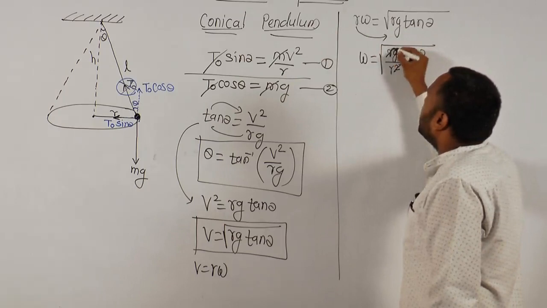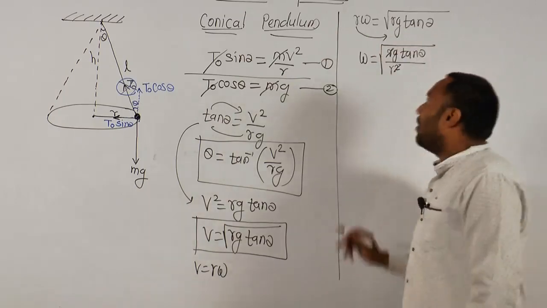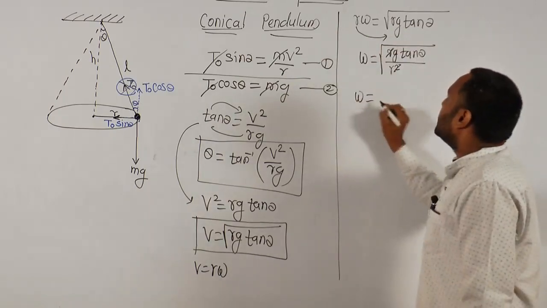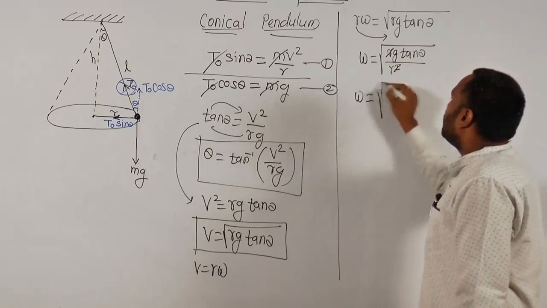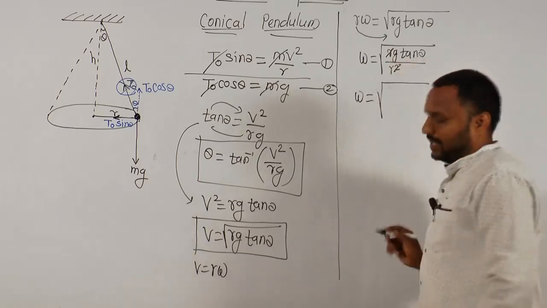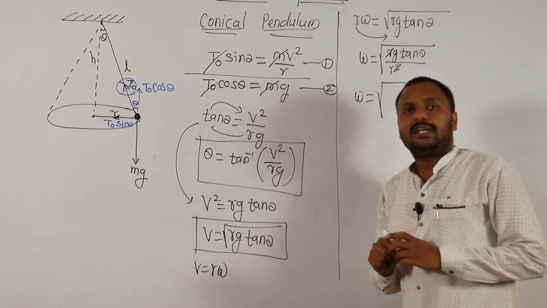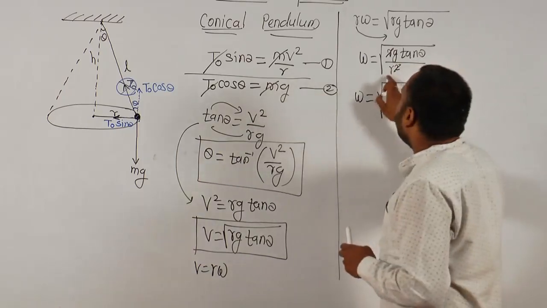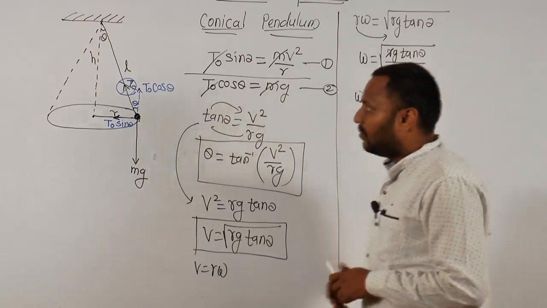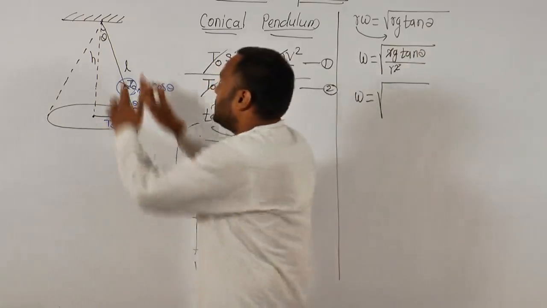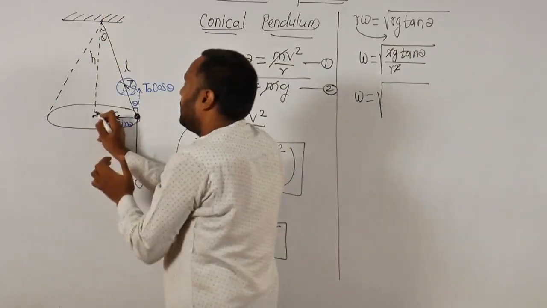Now this r square and this r get cancelled, or we can write omega is equal to the square root of g tan theta. If we substitute the value of r, what is r? Observe this triangle. This is a right angle triangle.